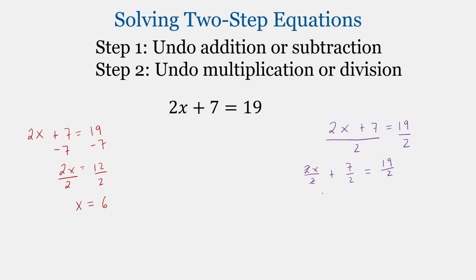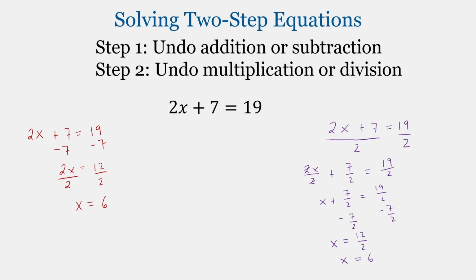These 2's are going to cancel out, and we have x plus 7 halves equal to 19 halves. So now we're going to undo the addition with subtraction of 7 halves from both sides. That gives us x equal to, then 19 minus 7 is 12, so we have 12 over 2, and that is x equal to 6.